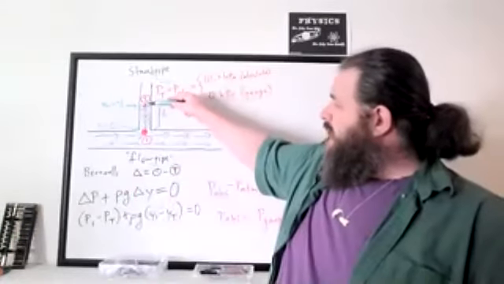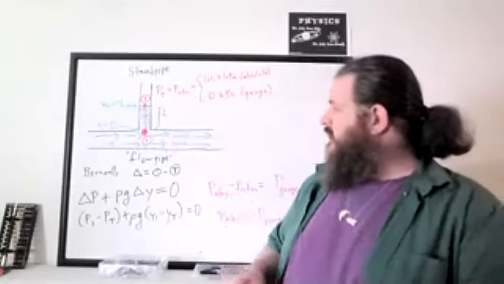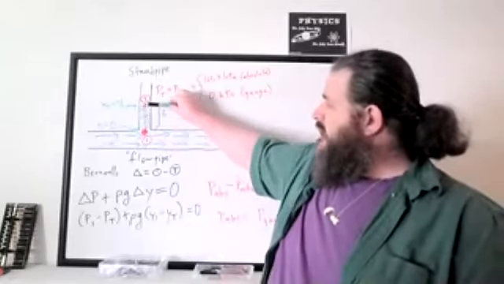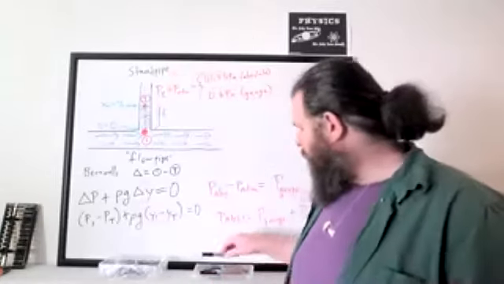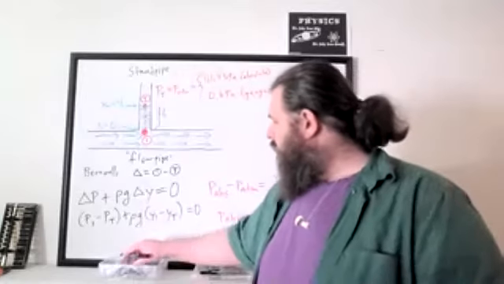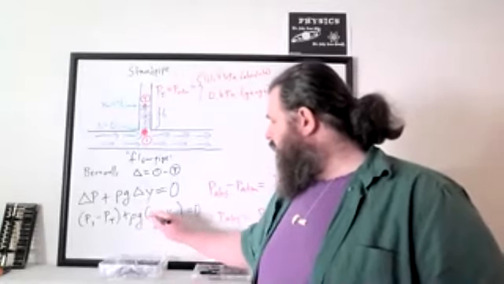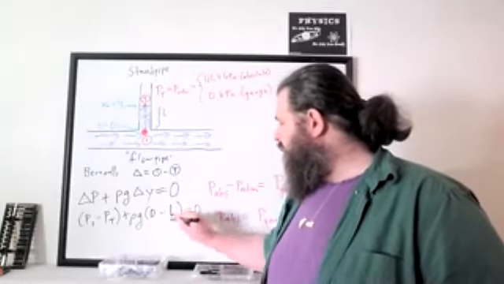Alternatively, you could call the top 0 and call the bottom -h. Either way will work, but it would probably be easiest to call the bottom 0 and the top h, because that way, if the height changes, we're just changing the value of h while keeping our 0 point the same. So if we fill those in, y1 is 0, y at the top is +h.